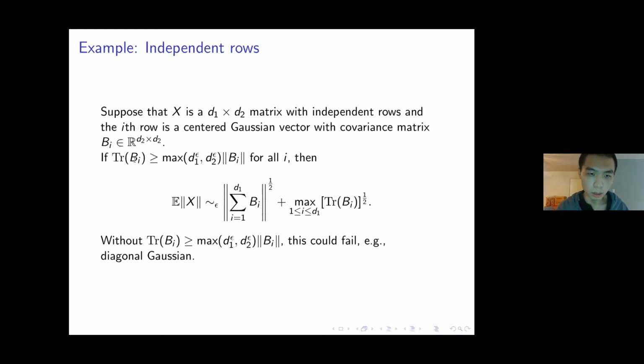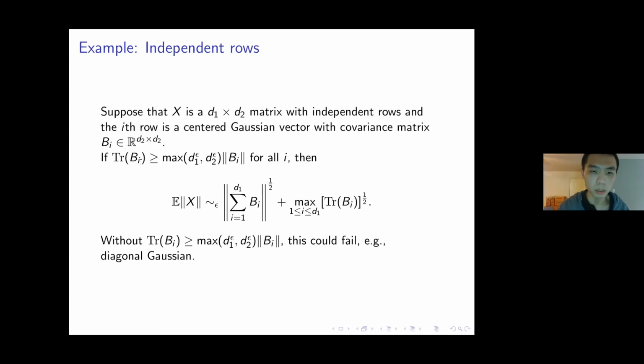If we assume that each B_i is not too spiky, so this is the largest eigenvalue. So let's say that there are at least this number of eigenvalues that are of the same order as the largest eigenvalue. The trace is at least this one. So it's not too spiky. Rank 1 would not satisfy this, but this is somewhat like the stable rank or effective rank.